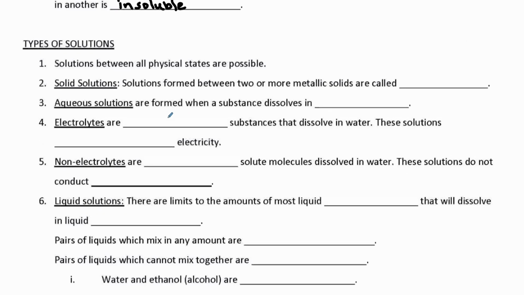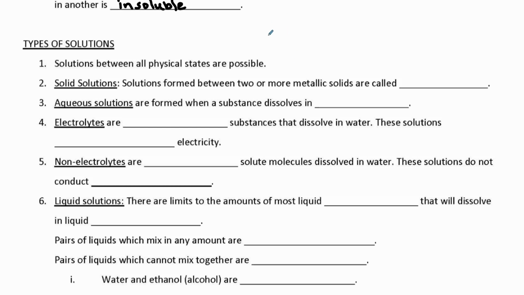Okay, so what are some various types of solutions that you might come across? So we can have solutions between all physical states, so solid, liquid, and gas. The ones we've referred to so far have been solids dissolved in liquids, but that's not always the case. You can have a liquid in liquid solution. You can have a gas in liquid solution.